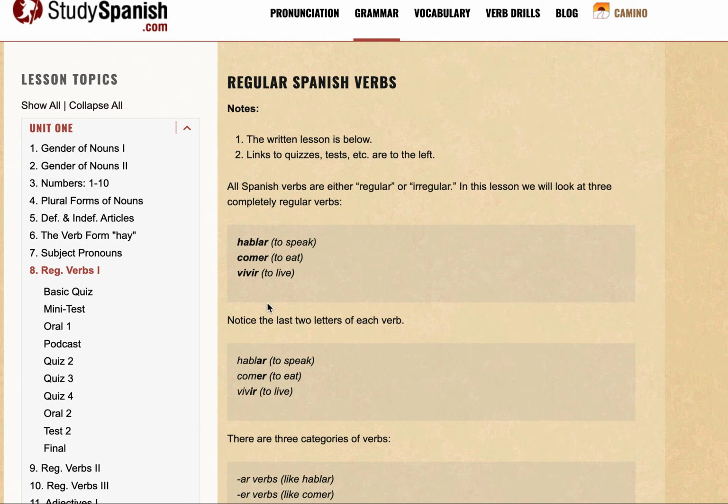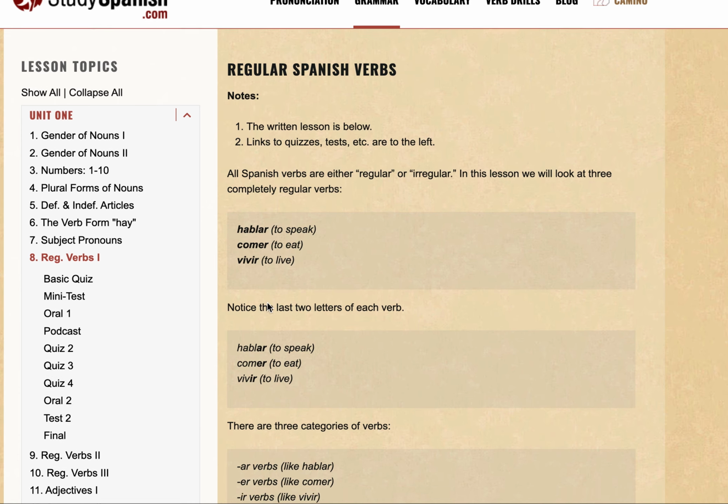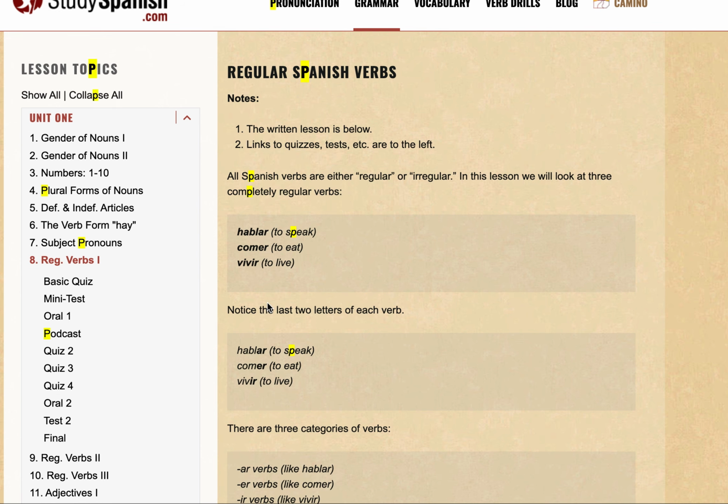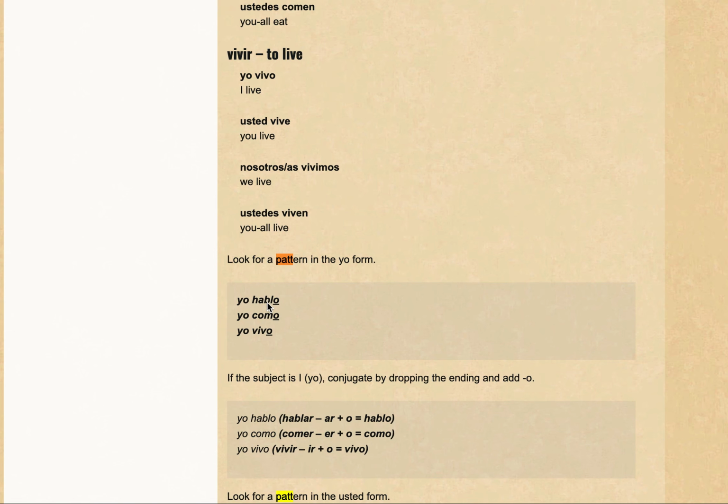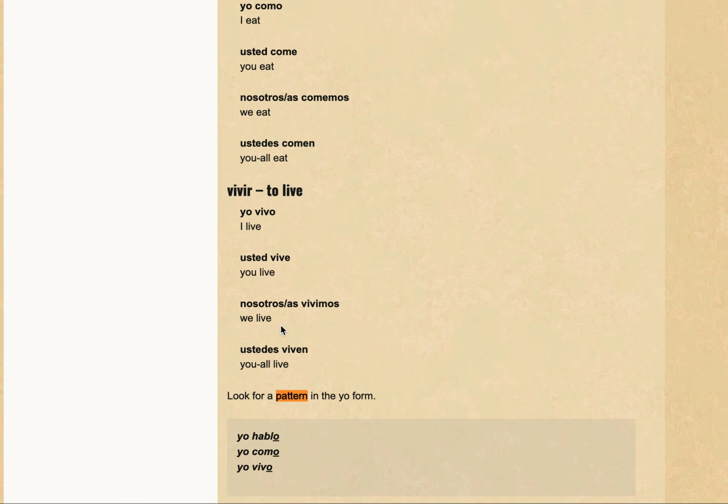In the case of comer, it would be yo como, and in the case of vivir, it'll be yo vivo. We can obviously verify that. If I search for the pattern, here it is: yo hablo, yo como, yo vivo.